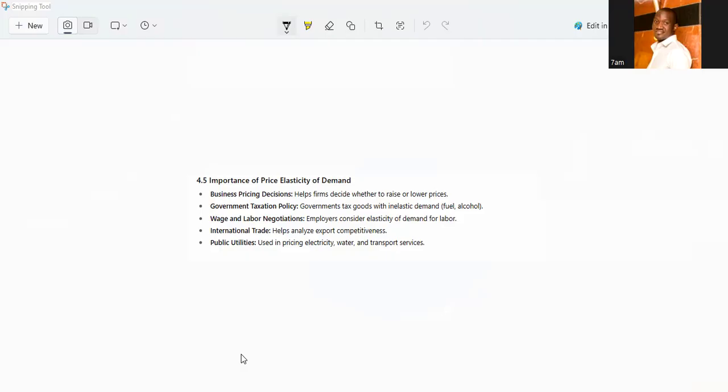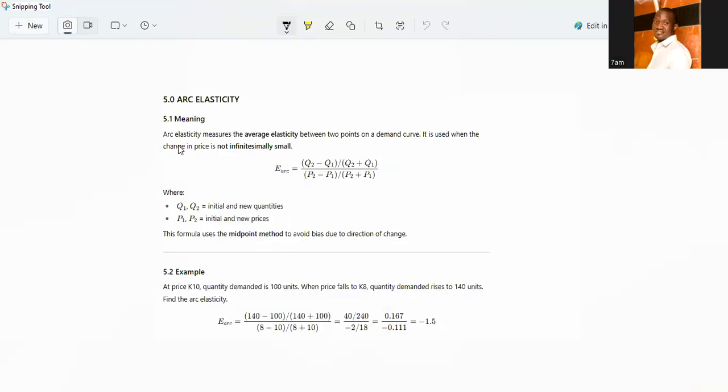There's also an important component of elasticity, which is called arc price elasticity. And for exams, usually they like this: when the price goes from one good to another, what becomes the quantity, what becomes the elasticity. Arc price elasticity measures the average elasticity between 2 points on a demand curve.